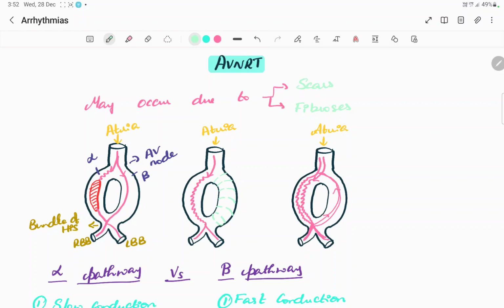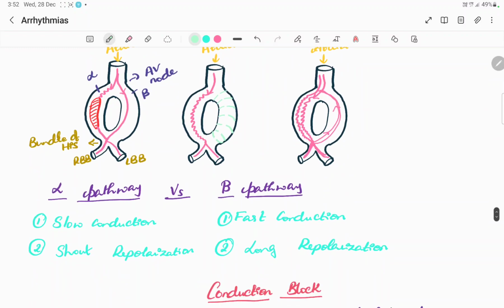So it just causes a slowdown in the conduction pathway. From the atria, signals are coming towards the AV node. There are two different pathways, which are the alpha and beta pathway. This is the AV node. From the alpha and beta pathway, we have a slow conduction in the alpha pathway, whereas a fast conduction in the beta pathway.